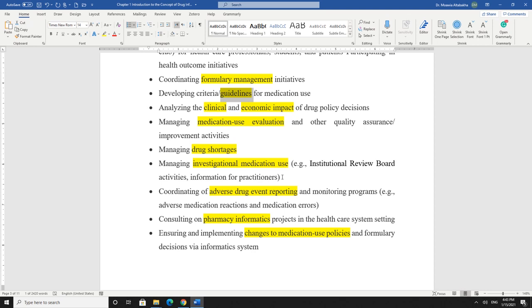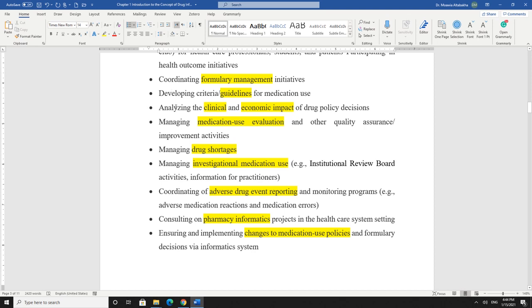Someone with COVID-19, what do you do with them? Do you just try medications, or is there a guideline that helps you to know what exactly to do depending on the patient's conditions? A pharmacist or drug information specialist can help in the development of such guidelines.